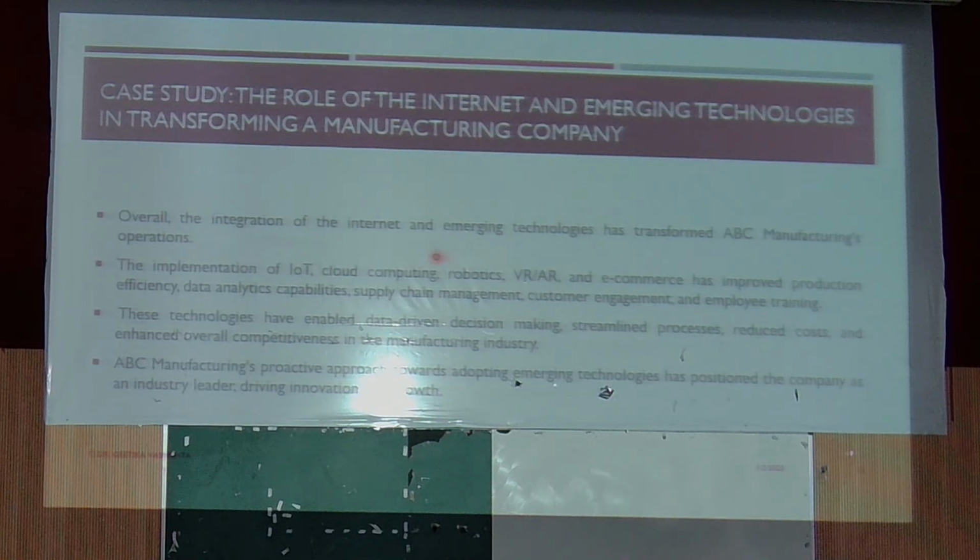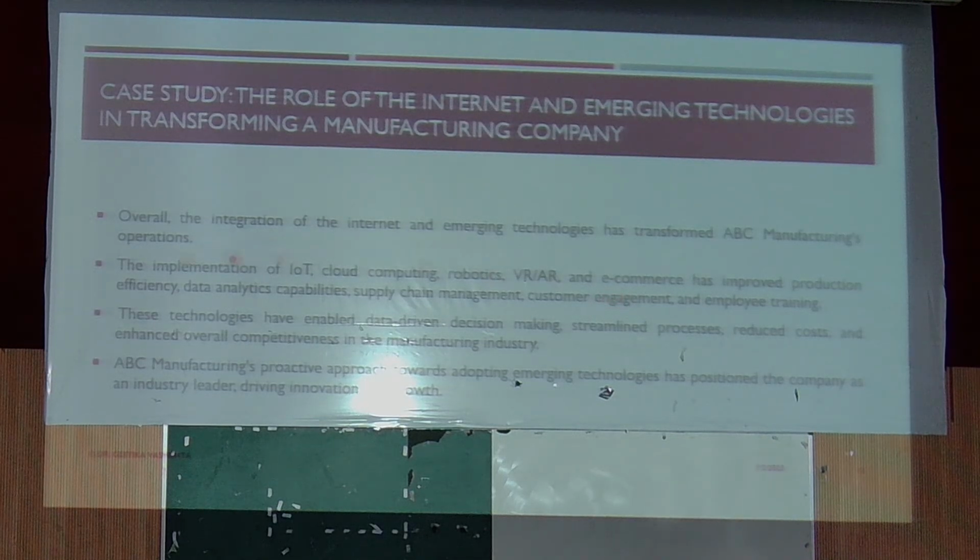Overall, the integration of internet and emerging technologies has transformed ABC Manufacturing's operation. The implementation of IoT, cloud computing, robotics, virtual reality and augmented reality, and e-commerce has improved production efficiency, data analytics capabilities, supply chain management, customer engagement and employee training.